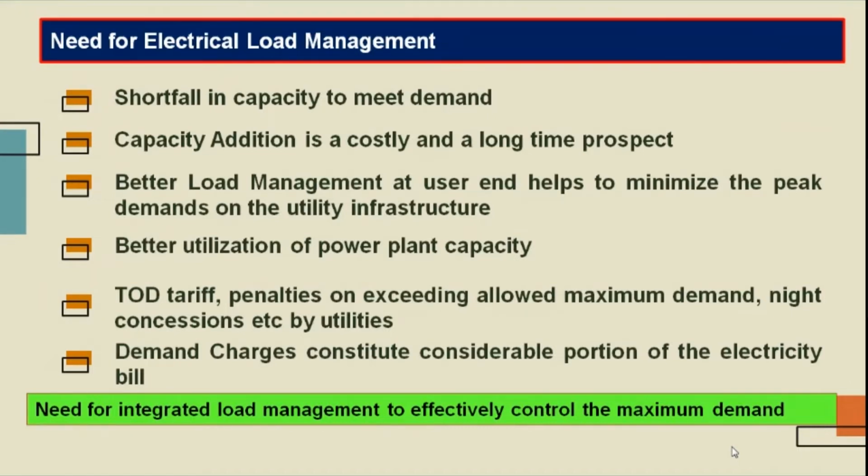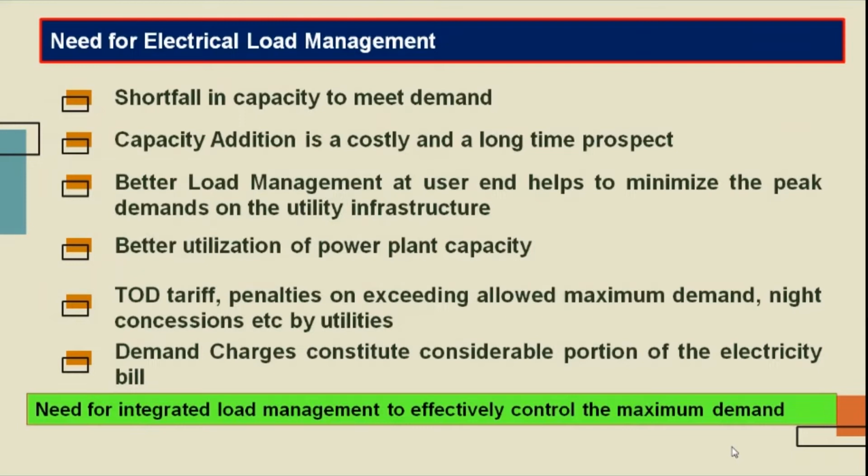As in the last lecture we have seen, whenever there is a requirement of electricity, like whenever there is a population increase, whenever there is an increase in industries, and whenever all these things increase, we require power, right?